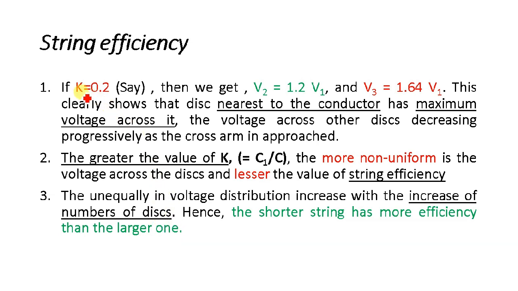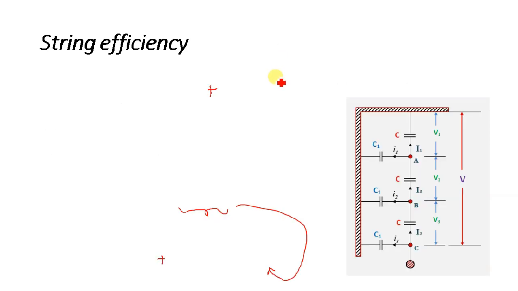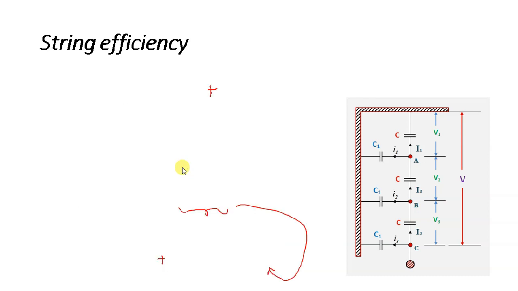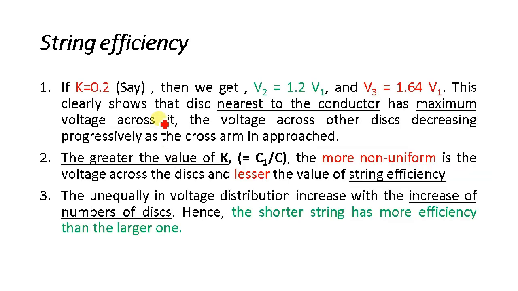So let us take for example K is equal to 0.2. Then we get the value of V2 as 1.2 times V1, because let me show you the formula: V2 is equal to V1 into (1 plus K).